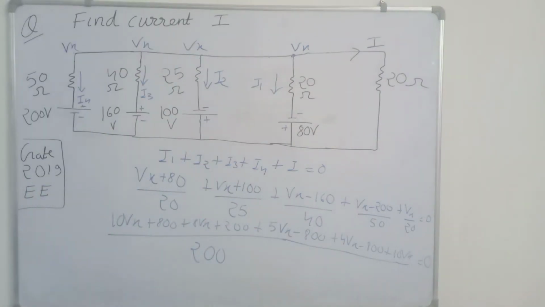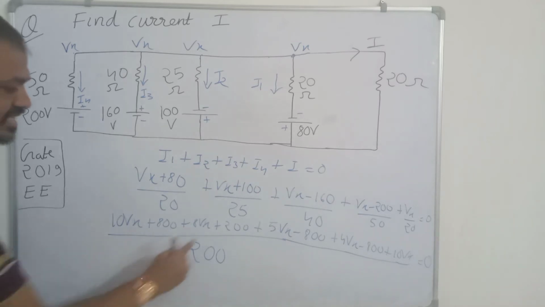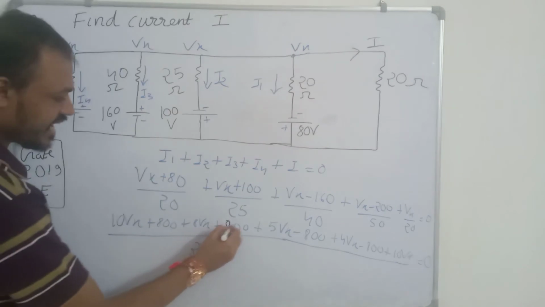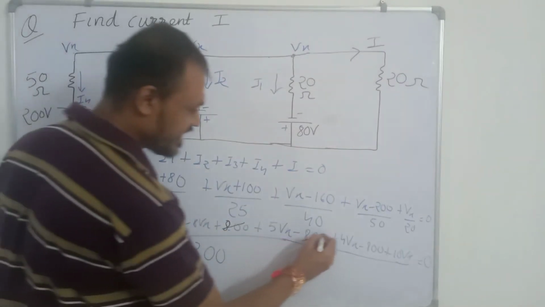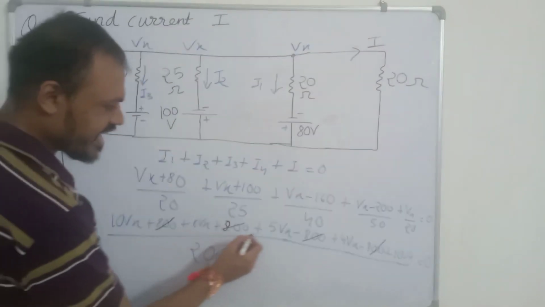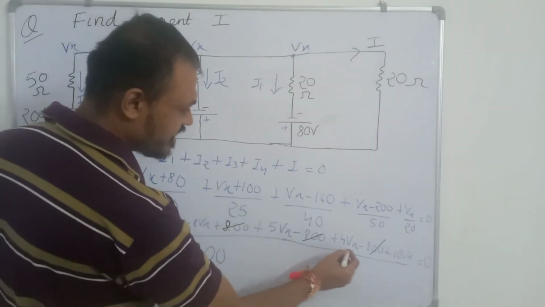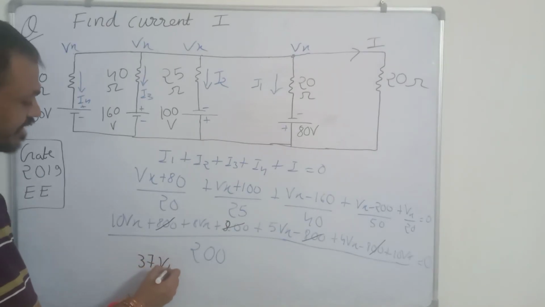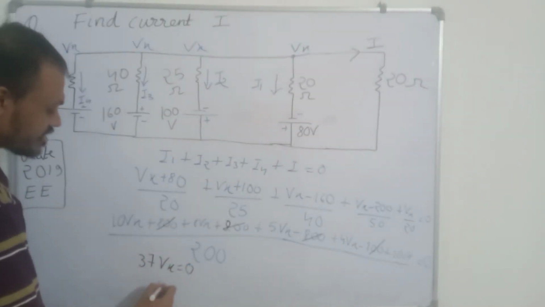So if we solve it, this 800 and this 800 will cancel this 800 and this 800. So it will be 10 Vx, 18 Vx, 23 Vx, 27 Vx, 37 Vx equal to 0. 37 Vx is equal to 0, so Vx value is 0.